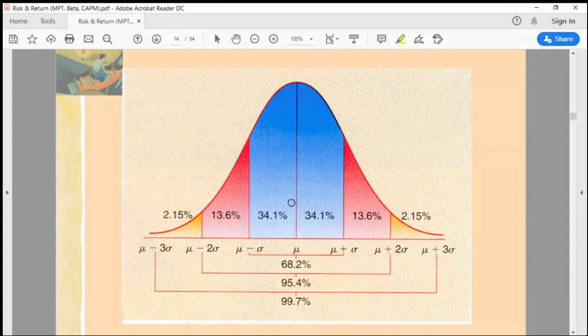The correct way of saying that is the probability of anyone randomly picked falling between 6'1" and 5'3" is 68%. You understand? So we have the average height of 5'8".